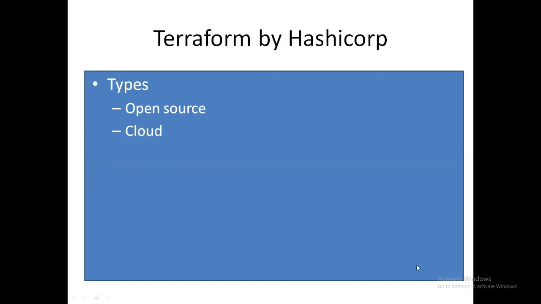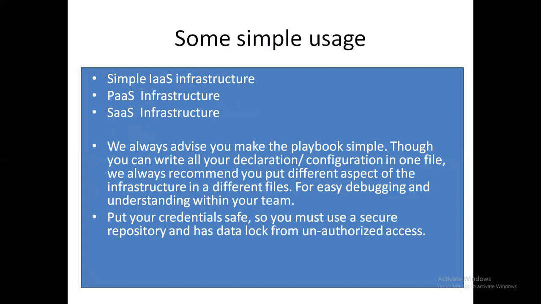So I'm going to be talking about that. We have 2 types of Terraform. We have the open source, which is the one we popularly use. We have the cloud, which I explained before. Some simple usage is for simple infrastructure as a service, like the one we are doing now. You can also use it to do platform as a service. For example, you can use it to create FortiGate, which is a platform as a service.